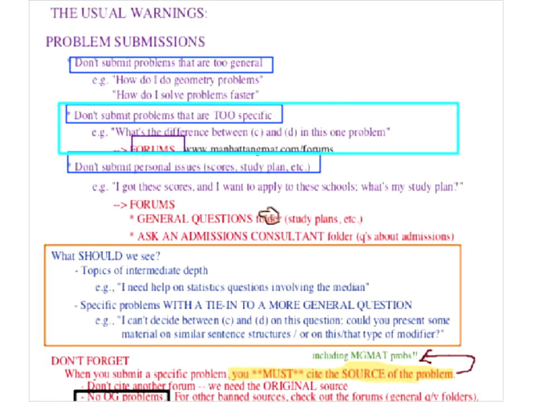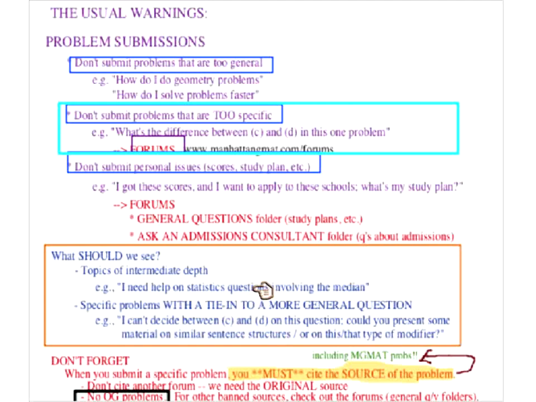If you have study plan questions, that's the General Questions folder. If you have questions about admissions, we are not an admissions company, but we partner with MBA Admission, which has a guest spot on our forums to answer your questions about admissions. So there's a folder for that too.